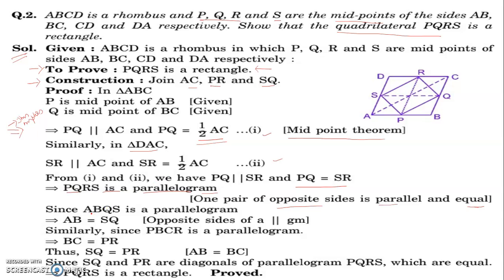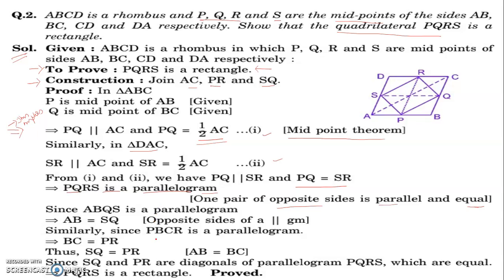Since ABQS is a parallelogram, AB is equal to SQ, opposite sides of a parallelogram.